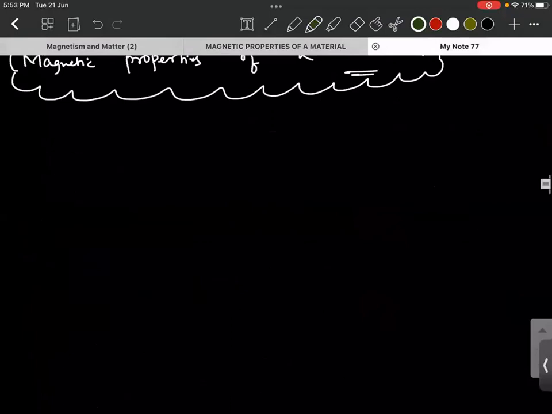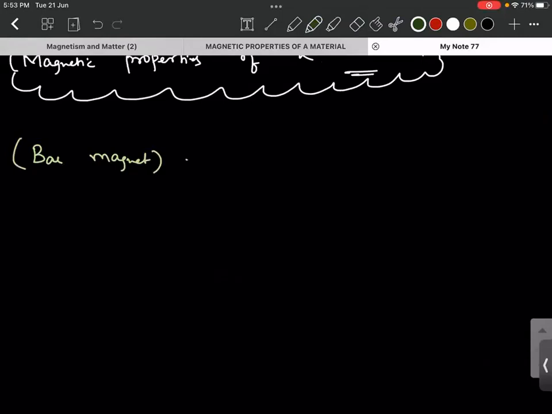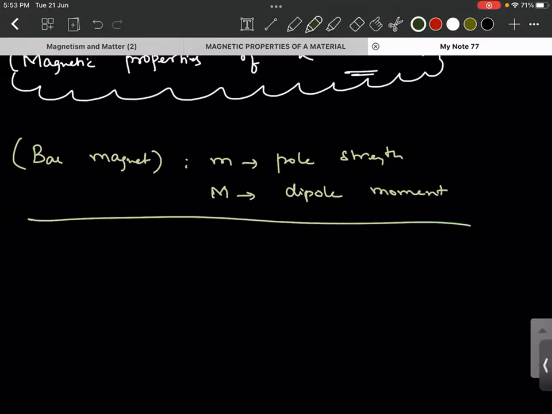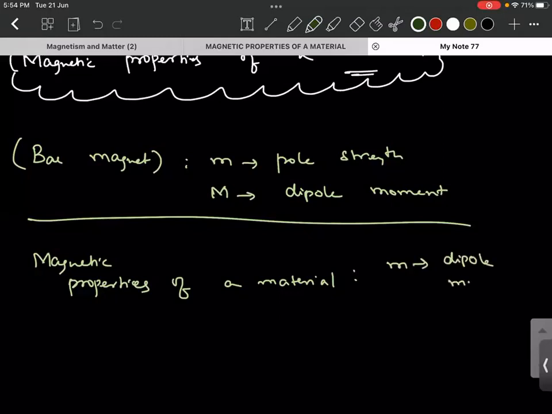Listen to this. When you talk about the bar magnet concept, we would have used small m for pole strength and capital M for dipole moment. Whereas when you speak in terms of the magnetic properties of a material, small m is used for dipole moment and capital M is used for magnetization.